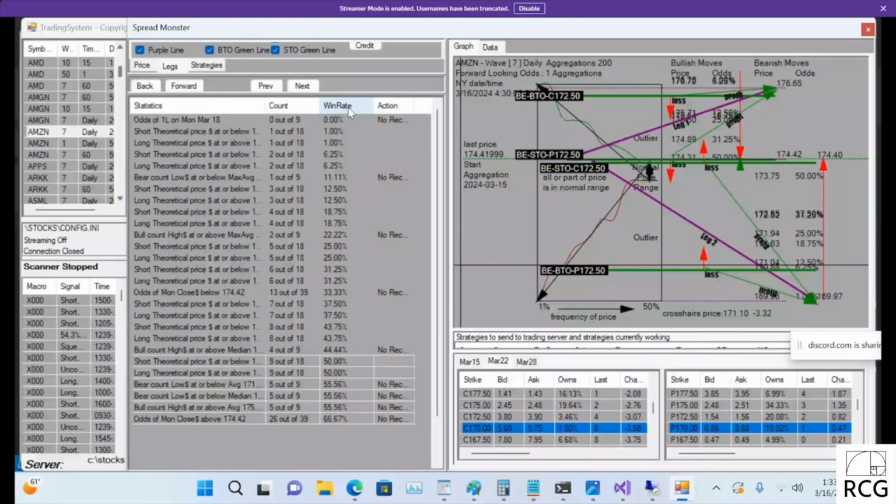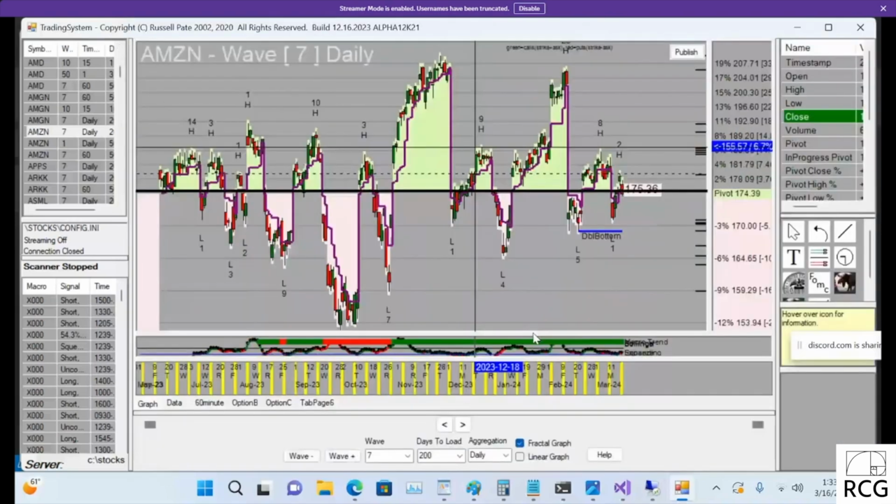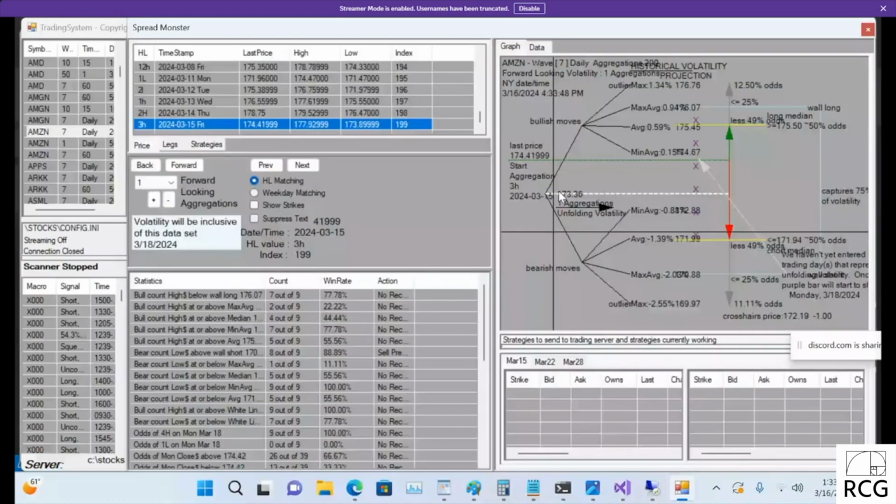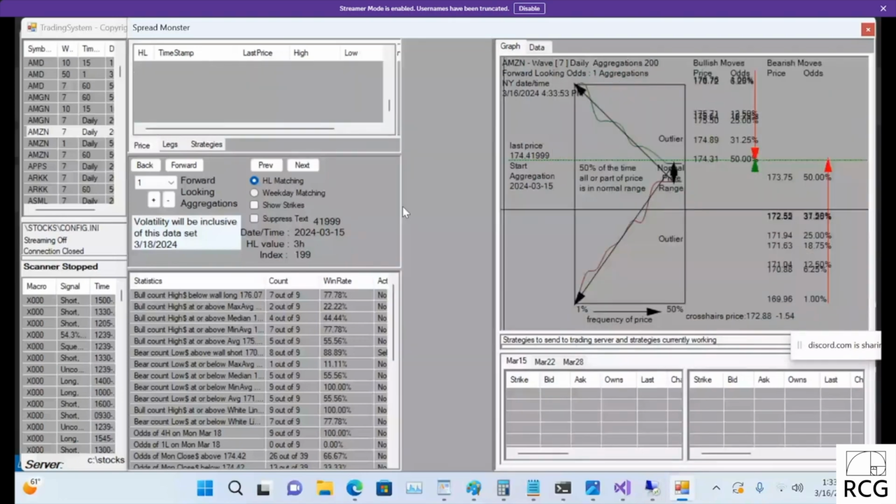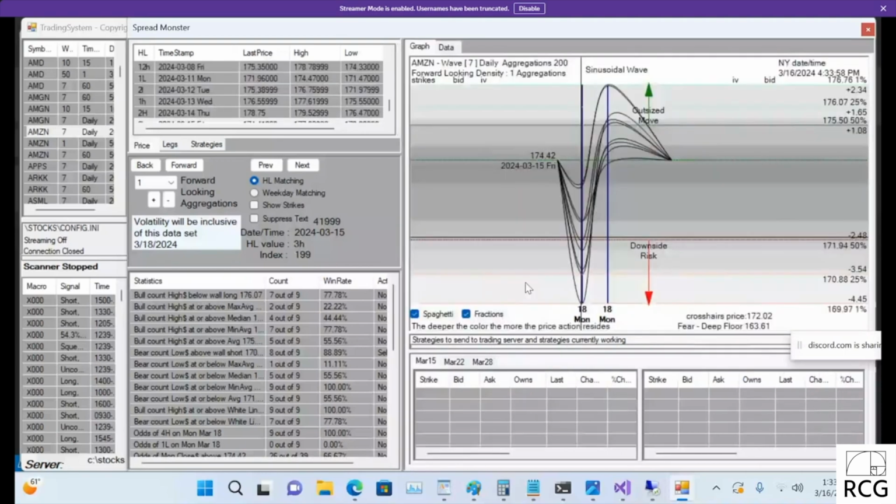I just wanted to ask one thing about this before we left it. Sorry to interrupt. You said it's capturing volatility, but you're also extending the line, so it looks like it's capturing time as well when you drag those markers.